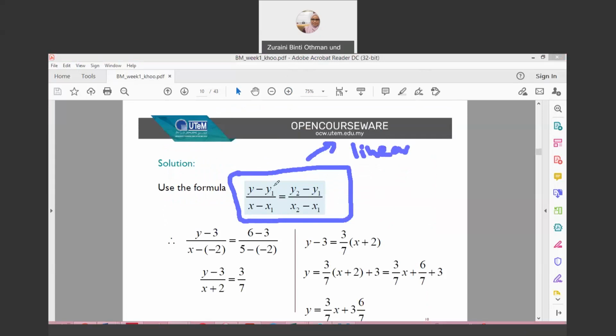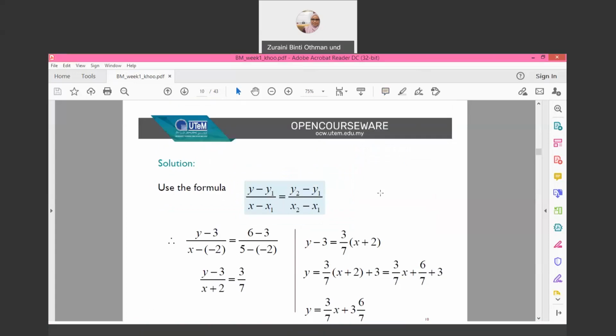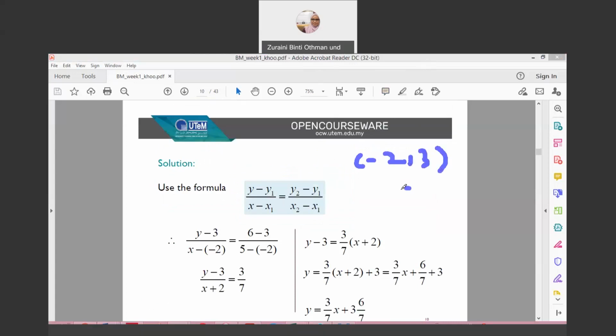By using this formula, we replace our x1, y1 with the points from the question, negative 2, 3, and 5, 6. So replace y1 with 3, x1 with negative 2, then y2 is 6 minus y1 which is 3.